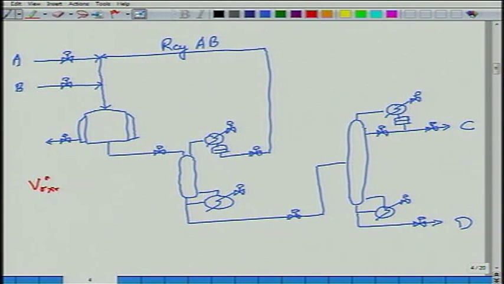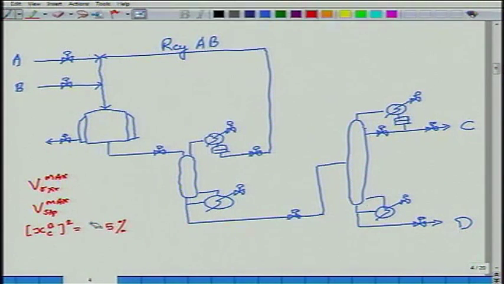At low throughputs, it corresponds to V reactor at max, V stripper at max, and X, the composition of the C leaking down the bottoms of column 2, is equal to, I do not know, something reasonable, maybe 0.5%. What we did was say 5% is reasonable, let us just say some reasonable value.